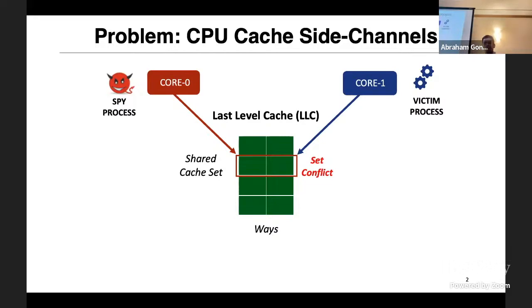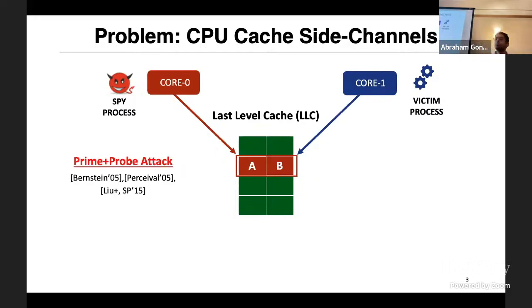And using this, a spy process can learn which addresses are being accessed by the victim process in a very fine-grained manner. Let's take a simple example of the prime and probe attack, which first has a spy process filling the cache set with its own addresses. Then it allows the victim to execute and insert certain addresses that are secret dependent into the cache that evicts some of the spy's addresses.